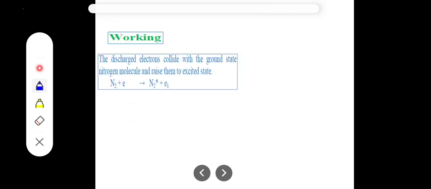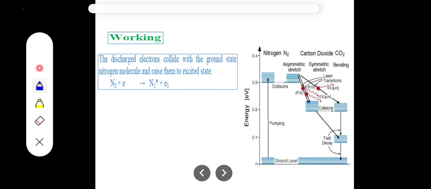Then transition occurs between nitrogen atoms and carbon dioxide molecules. Carbon dioxide molecules go to the excited state energy level and some of the nitrogen atoms return to the ground state energy level. This is the pumping process by the electrical discharge method.